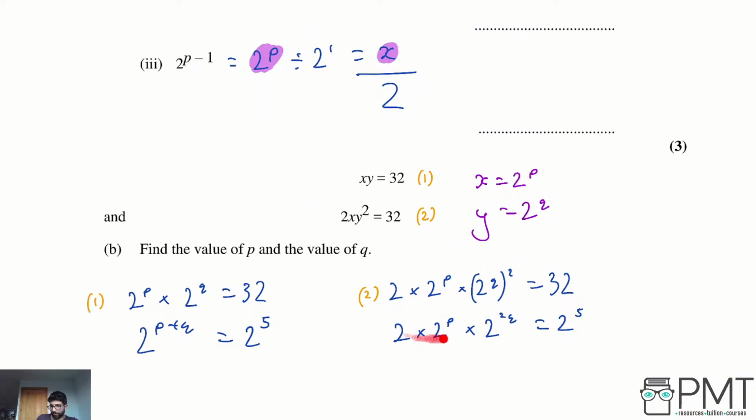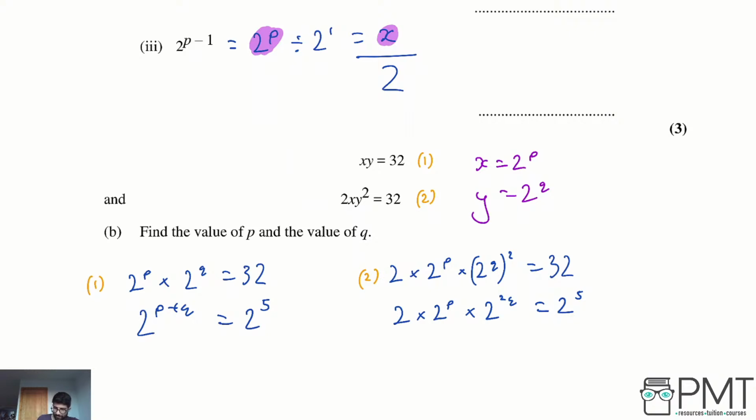And how can I combine this side into just one? Let me know, because what's the rule? We are adding, we have the same base, we are adding them. I use the power to the power rule here, it's 2q. But if I'm adding them, what am I going to get as a single base?